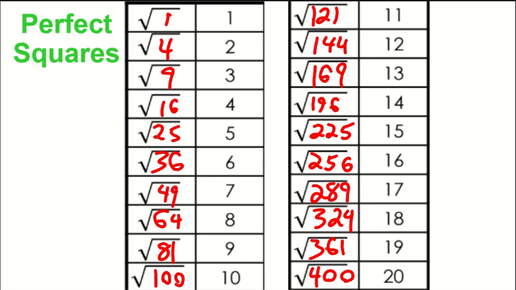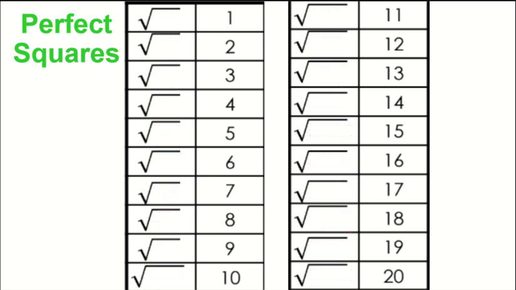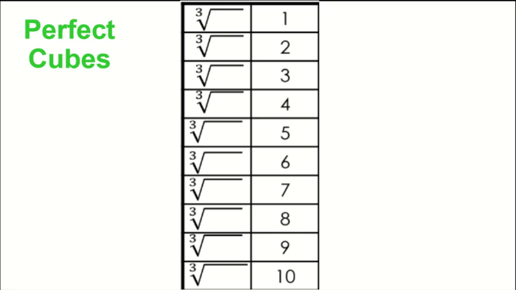All right, so just so everything's on the same sheet and the same page, we're going to do the perfect cubes also. You already have a similar table. So what's 1 cubed? 1. What's 10 cubed? 1,000. 10 times 10 times 10 makes 1,000.